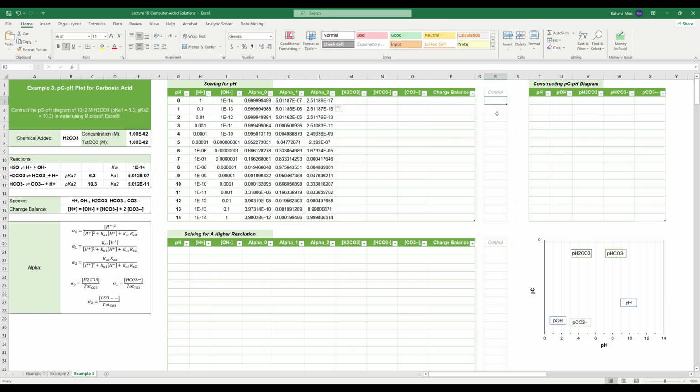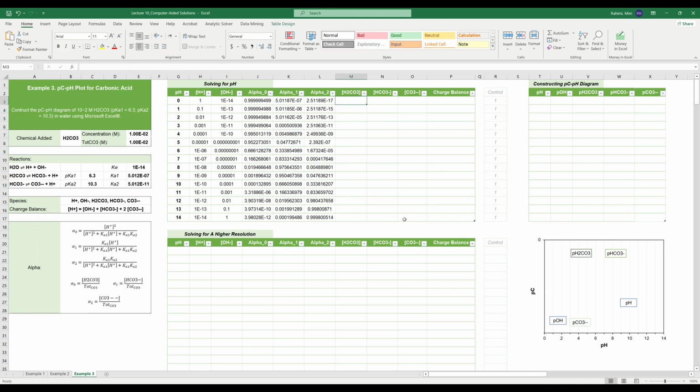Again, this control is pretty useful. Alpha 0 plus alpha 1 plus alpha 2 should be equal to 1. And as we expand it, it's basically satisfying that condition for all of this table.